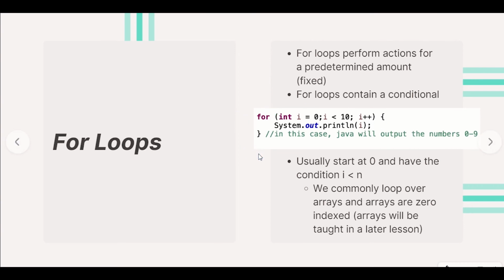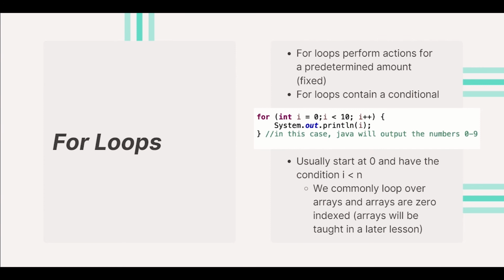Alright, so the reason why we typically start at 0 over here, and we have the condition i is less than n or any other number, and we don't have less than or equal to, is because of how these things called arrays in Java are 0 indexed. So this means that they're going to start counting from 0.